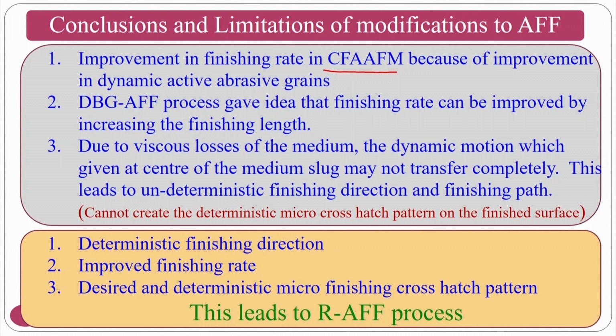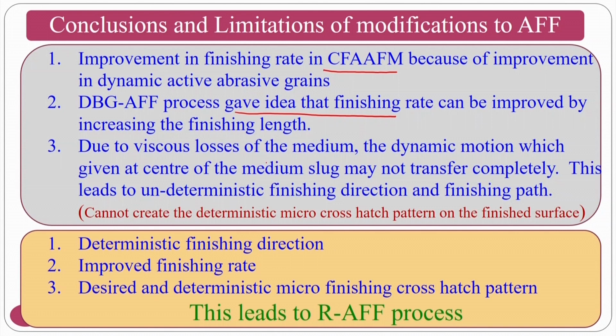Drill bit guided abrasive flow finishing gave some idea of finishing improvement because of the length of abrasive particle motion, that is, how much distance it is moving. Because of the inclination, the scanning electron microscopy images you have seen show it can increase the finishing rate.